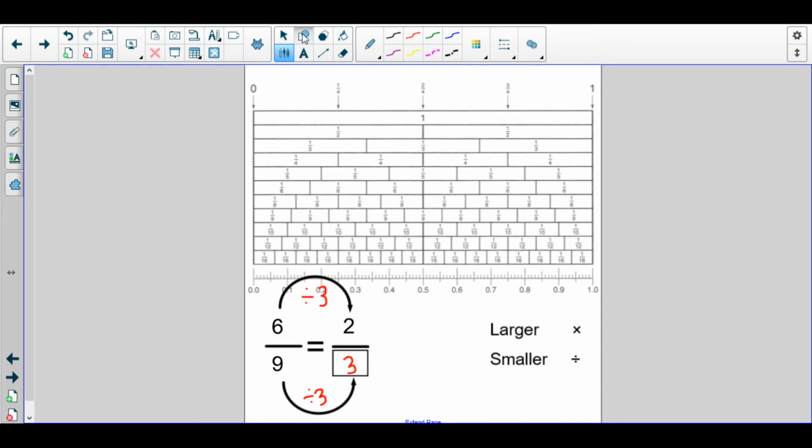So is 6/9, let's see, 1, 2, 3, 4, 5, 6/9, equal to 2/3? You bet. Right here. There's 1/3 and 2/3.